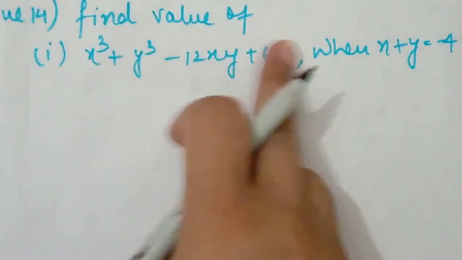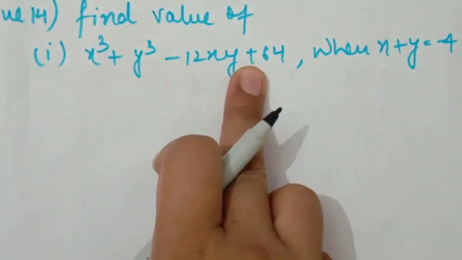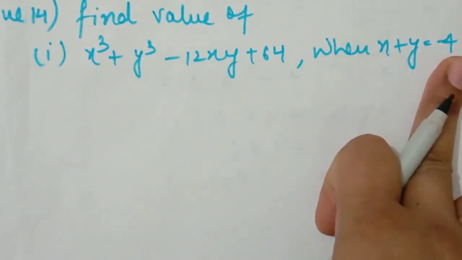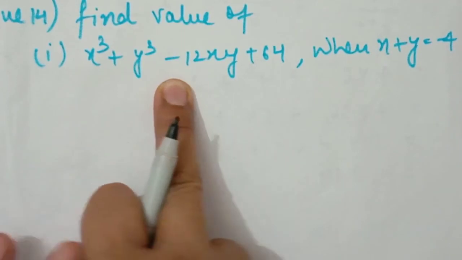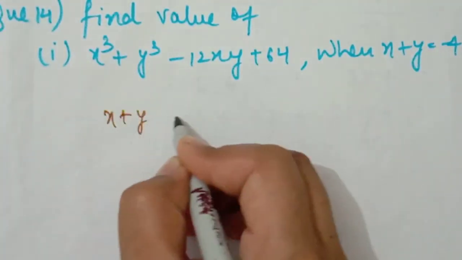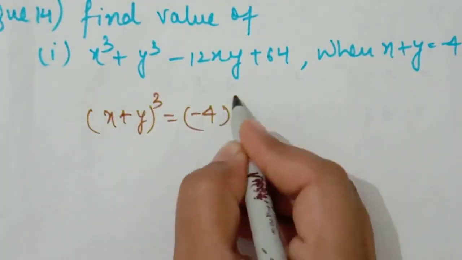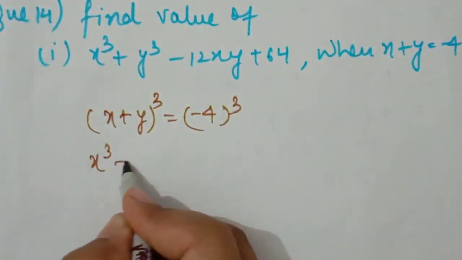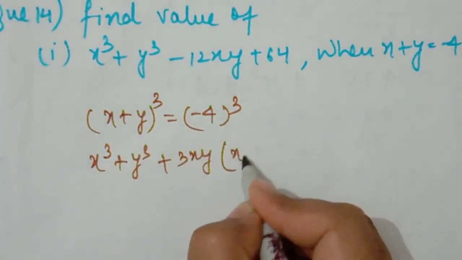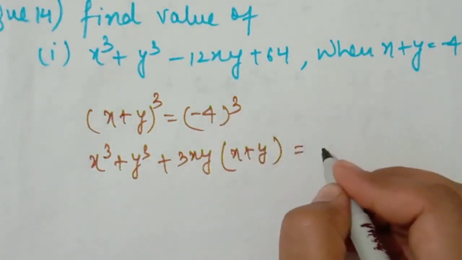Now question number 14: find the value of x cube plus y cube minus 12xy plus 64 when this relation is given to us. It is a very easy question. We take the given relation and take the whole cube on both sides. Then it is x cube plus y cube plus 3xy times (x plus y) is equal to minus 64, because 4 4s are 16 and 16 4s are 64.